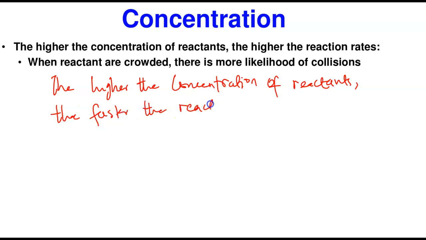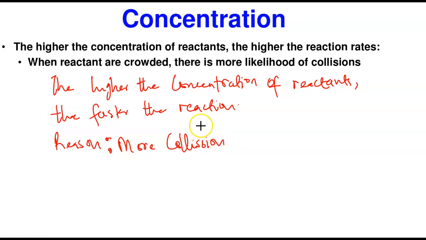Then the reason why this happens is because, what's the reason? The reason is because there is more collision. And the more the collision, the more the possibility of being effective collision, and the more the reaction.